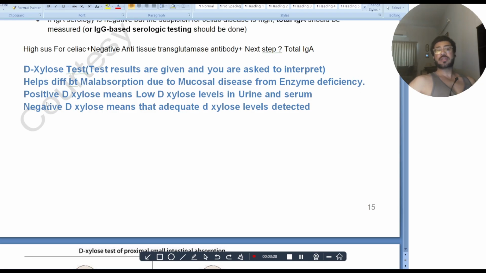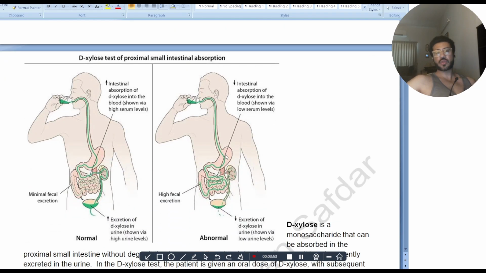So a positive D-xylose means that D-xylose has not been absorbed. So it is not due to enzyme deficiency, it's due to mucosal disease like celiac disease. Because if it were enzyme deficiency, the D-xylose test would be negative because D-xylose does not require enzymes to get absorbed. It's already a monosaccharide. So this is how the interpretation comes into play.